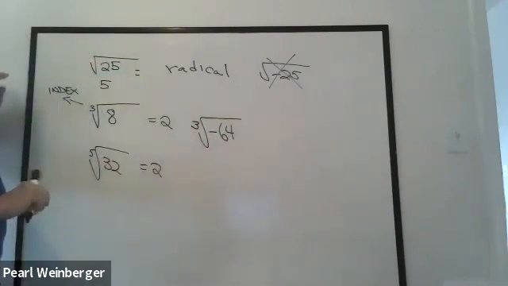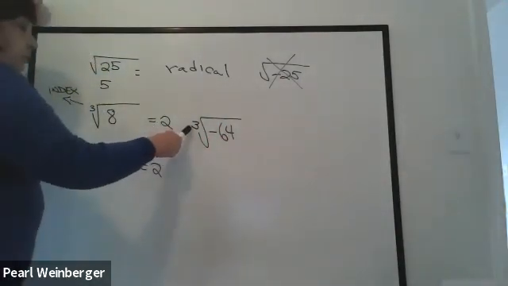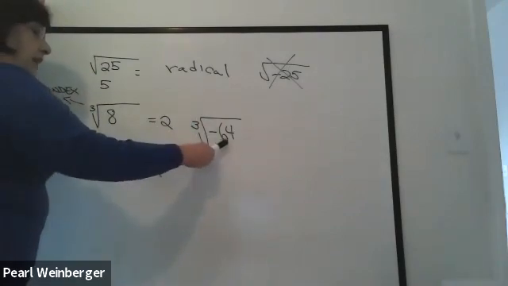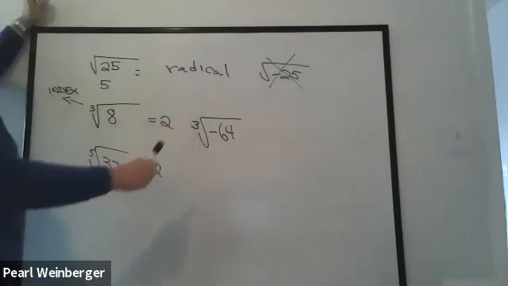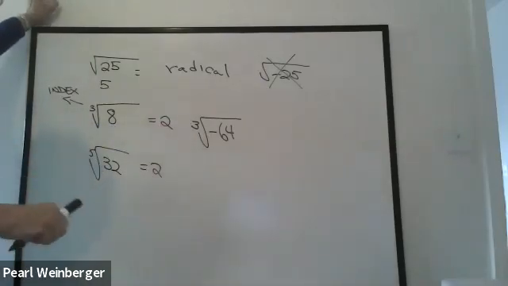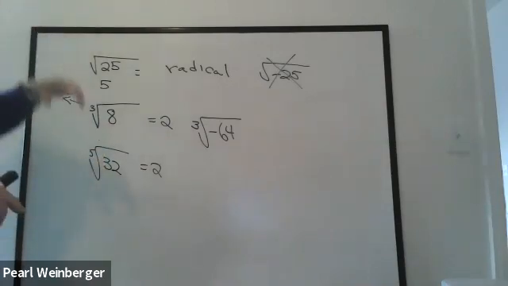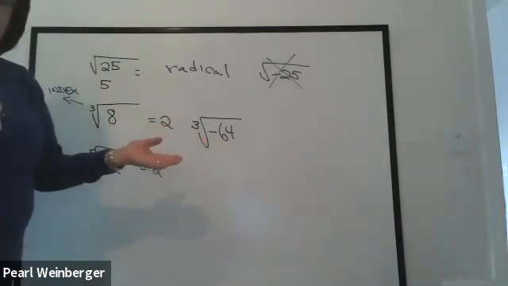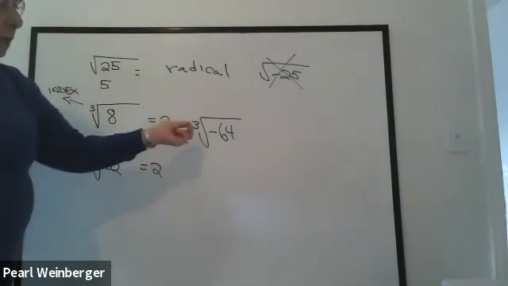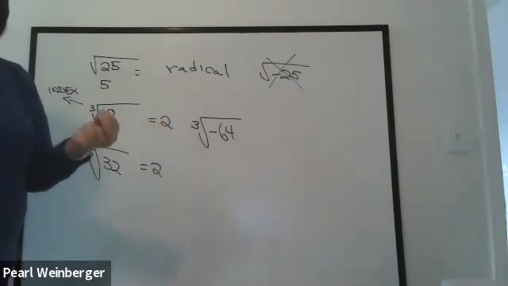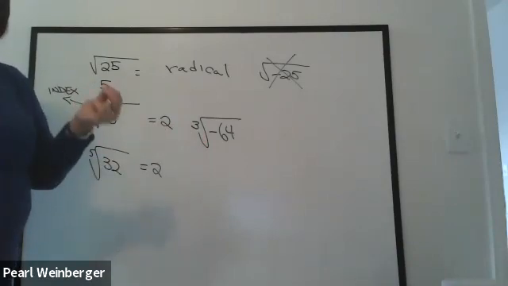I can do this. This is read the cube root or third root of negative 64. When your index is an odd number, you can have a negative inside, because think about it. If you multiply 4 3 times, 4 times 4 is 16, times 4 is 64. The cube root of 64, the third root of 64, is 4.